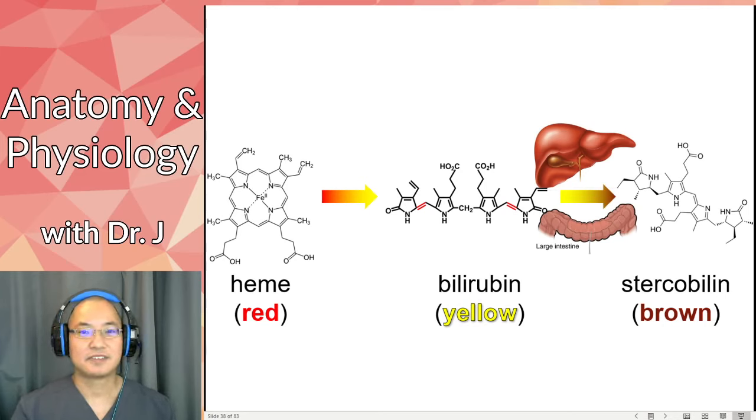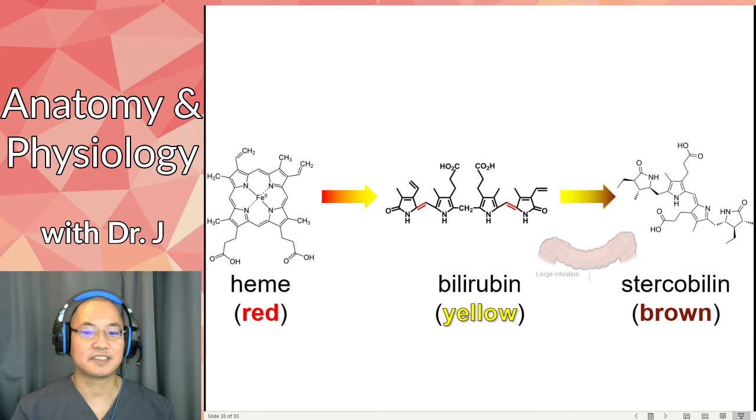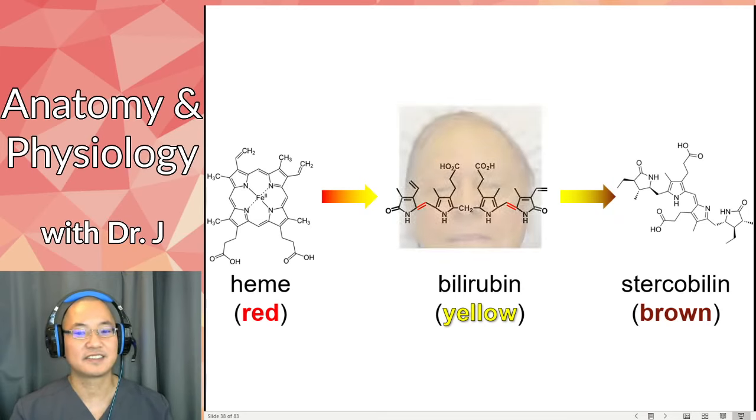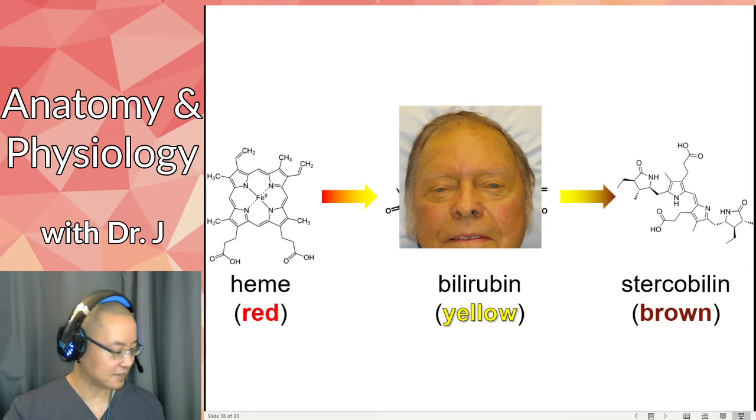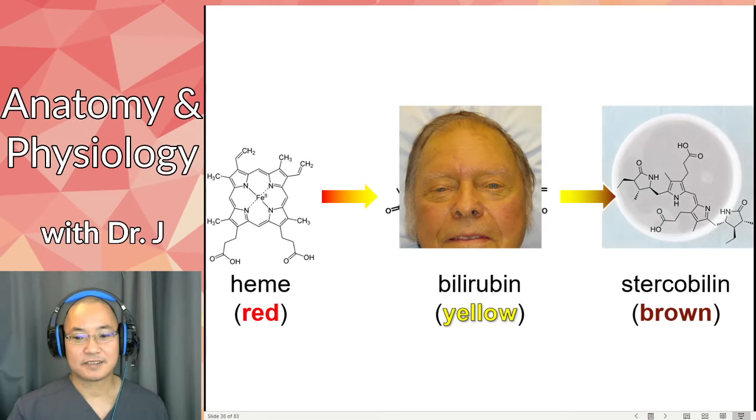Now, what happens if you take the liver and the excretion of bile into the intestines out of the equation? That bilirubin is still in your body, but instead of going into your intestines, it can end up in the sclera of your eyes. So you can see this guy's eyes are a little yellow, and his face is also yellow. This is what we see here.